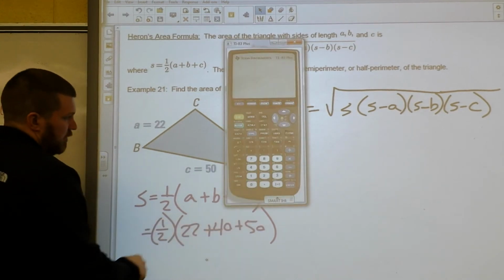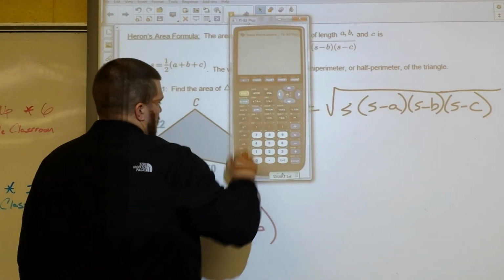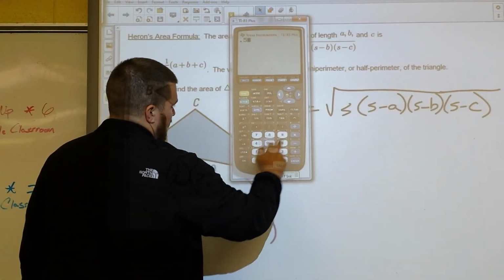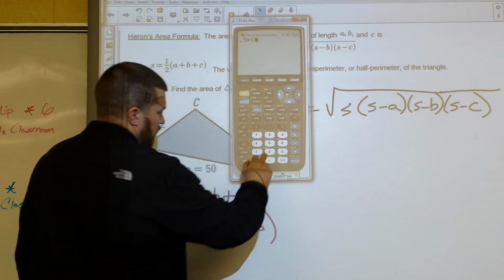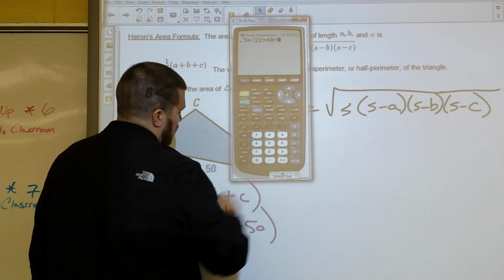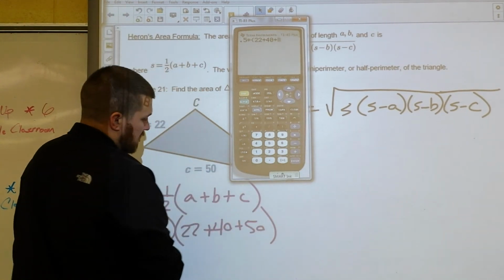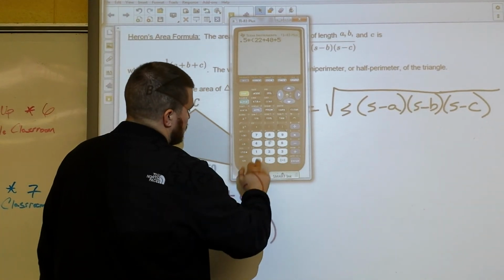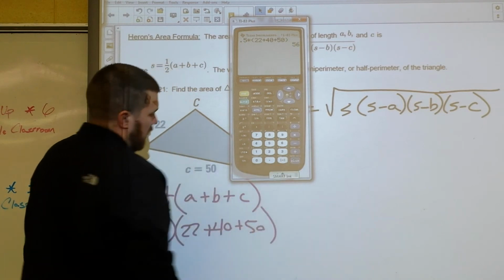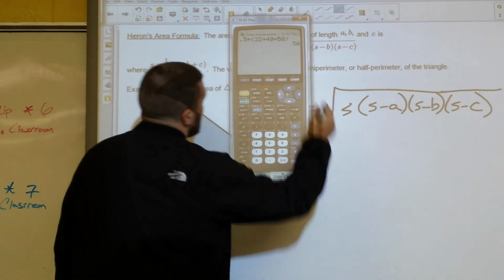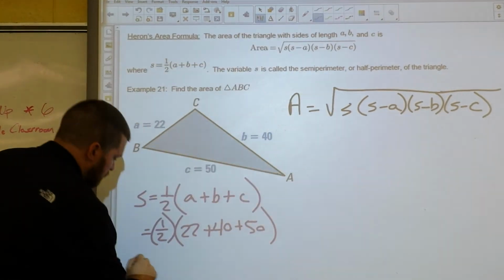Parentheses, use the calculator. So I have 1/2 times parentheses of 22 plus 40 plus 50. Close parentheses, and my semi-perimeter is 56.